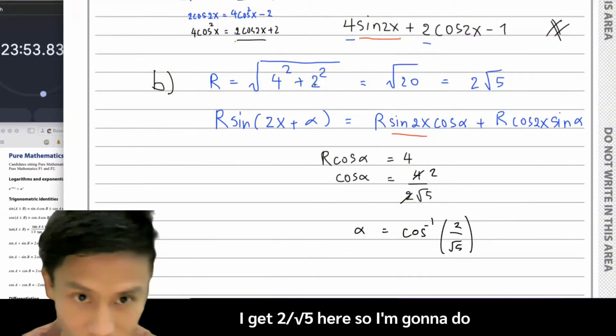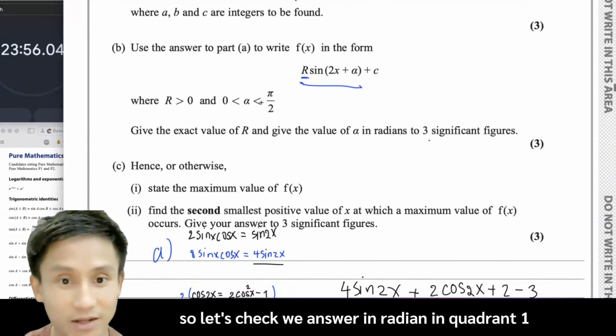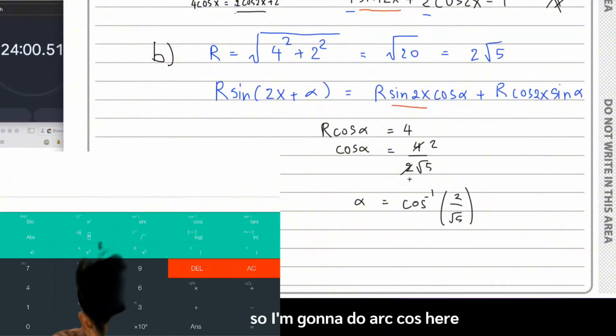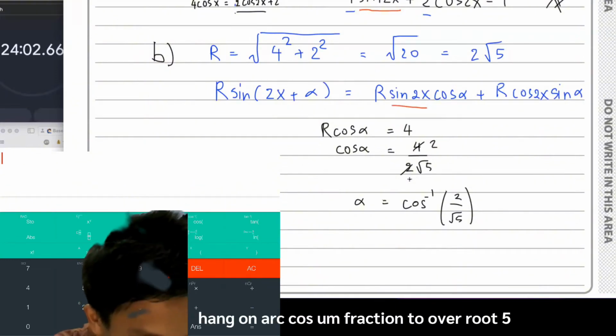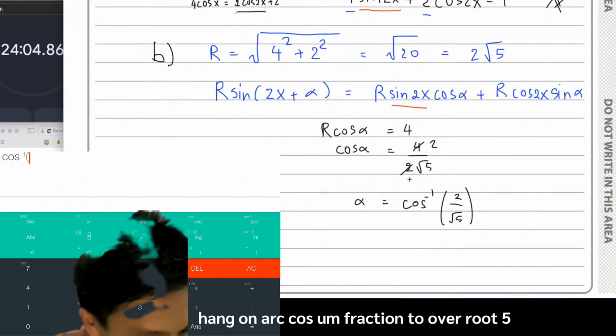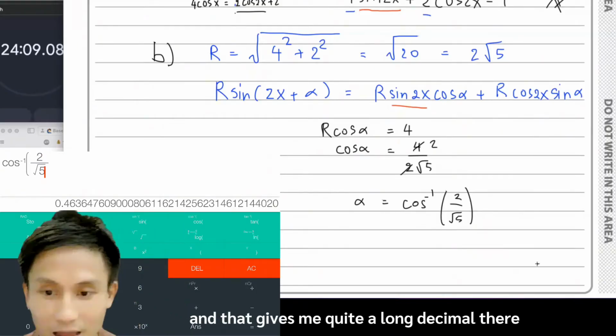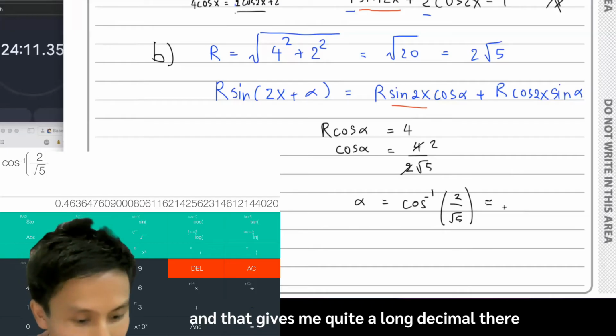So let's check. We answer in radians in quadrant 1. So I'm going to do inverse cos of the fraction 2 over root 5. And that gives me quite a long decimal there.